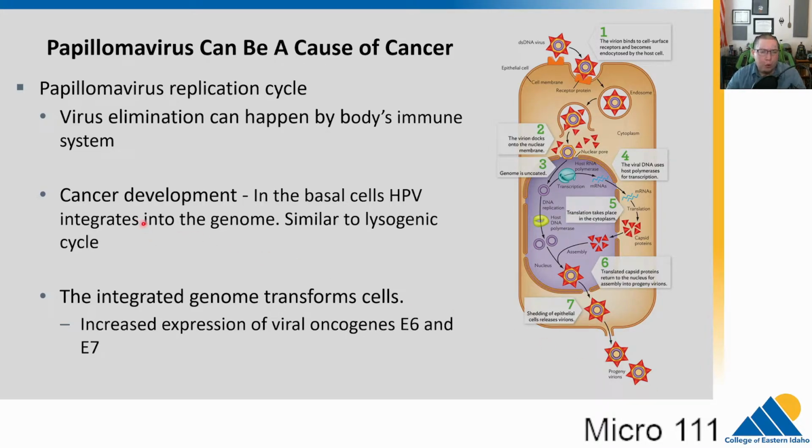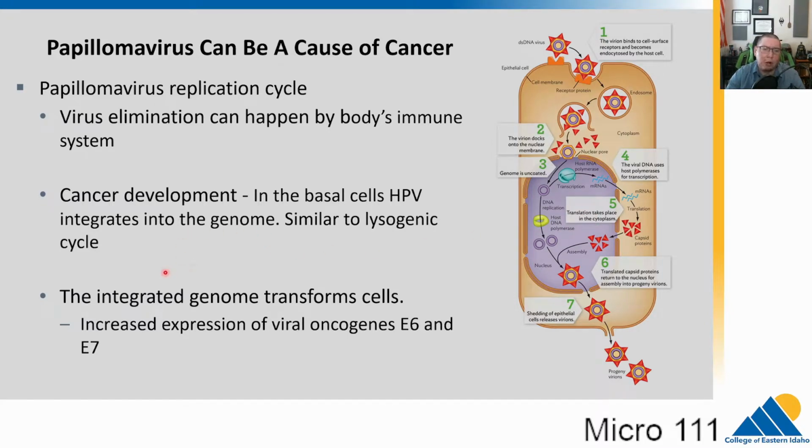So what's going on with the cancer issue? Well, the virus can be eliminated sometimes. So this is why not everyone develops long-term infections or cancers. But in some cases, in the basal cells, it integrates into the genome. So it will actually integrate into the host genome, kind of like that lysogenic cycle.